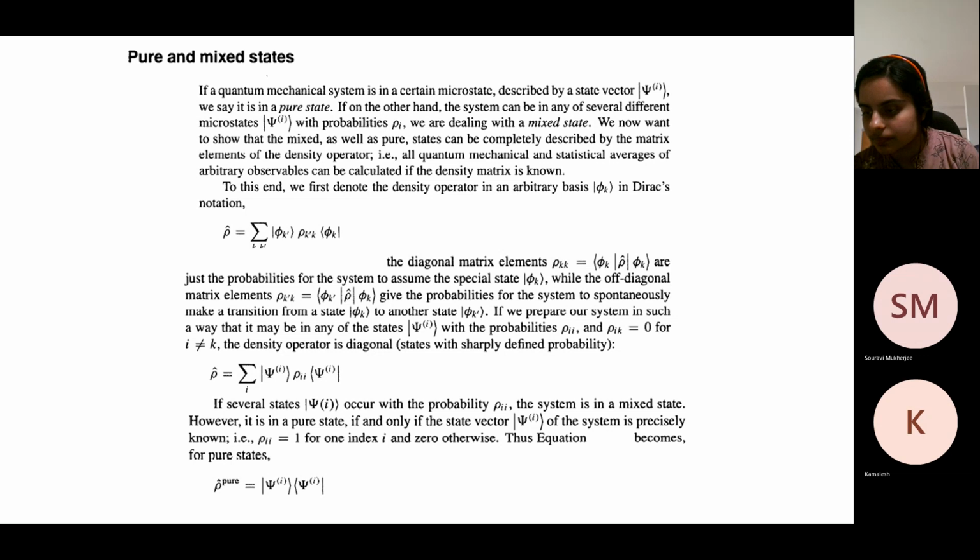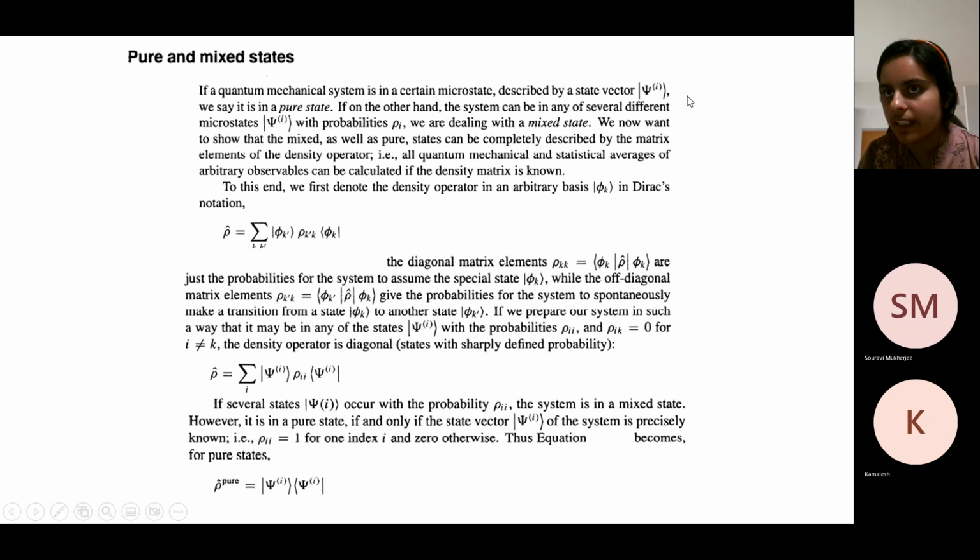Ma'am, do the mixed state and pure state correspond to the superposition state and stationary state? It's not actually that. Suppose you have some state psi. Now this can be in a superposition of different eigenstates.